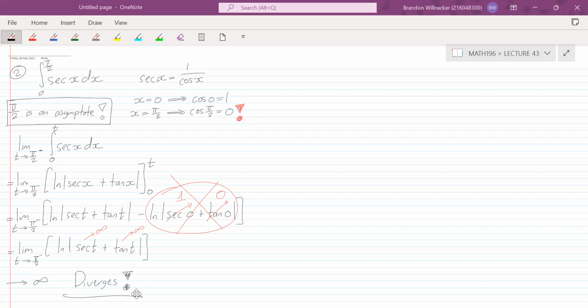Got a question here. Why did you change the x value for the bounds? Where did I change the bounds? Why did I say cos?